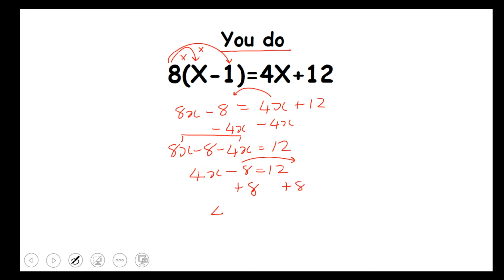And I get 4x equals 20. 4x means 4 times x. The inverse of times is divide, so I need to divide both sides by 4 to get x on its own now. And then my final answer will be x equals 5. And to double check, we can substitute 5 back into the equation and you'll get the same answer on both sides.